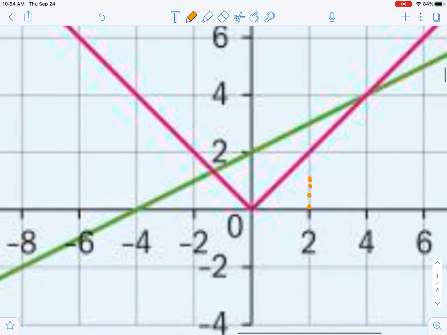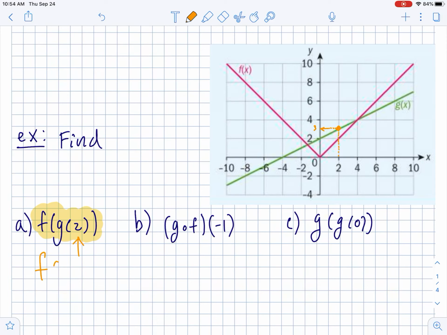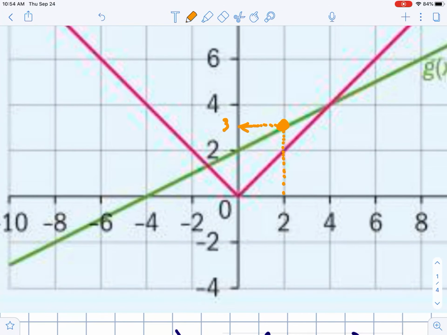Here, let's zoom in. The g function, don't care about f at this point, but right here, I'm assuming, is an output of 3. So what I'm really trying to find is f of 3, because I put a 2 into g and out came a 3, but now that 3 needs to become an input of the f function.